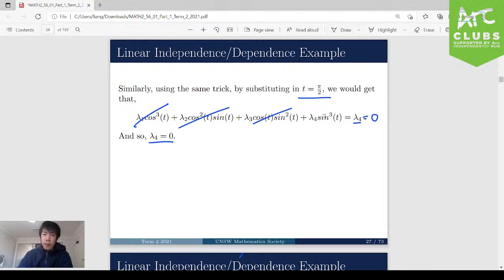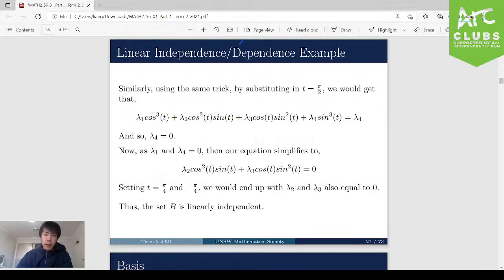Now that we have lambda 1 and lambda 4 equal to 0, that greatly simplifies our equation. We don't have this first and last term anymore. We just have lambda 2 cos squared t sine t and lambda 3 cos t sine squared t. Now we can also ultimately show that lambda 2 and lambda 3 are both equal to 0 just by subbing in t equals pi on 4 and negative pi on 4. All right, I'll briefly go through that.